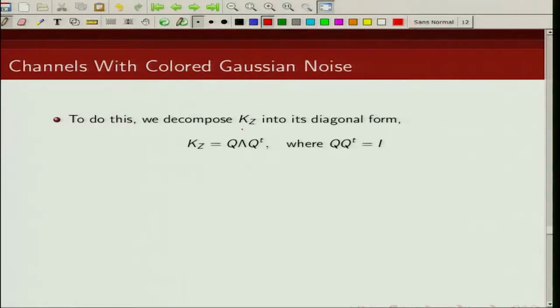Now we can decompose this covariance matrix Kz into Q, diagonal matrix, and Q transpose, where Q transpose Q is an identity.